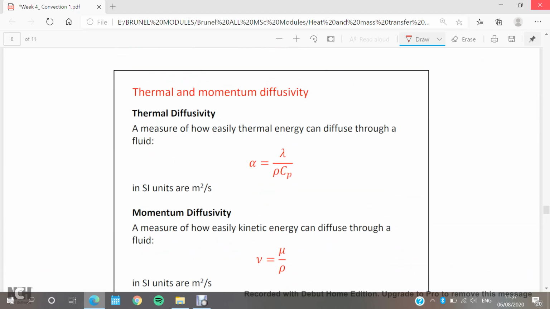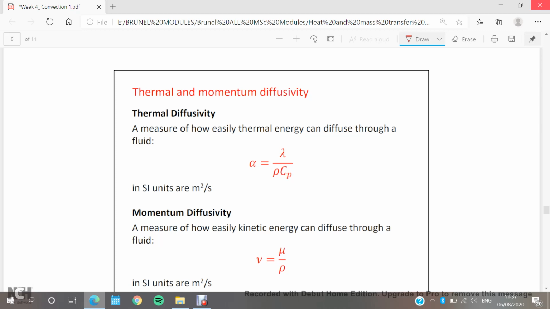Great. Now we want to define another two properties of the fluid, which will be very useful in heat transfer analysis, in designing, for example, a heat exchanger or an air handling unit or whatever.